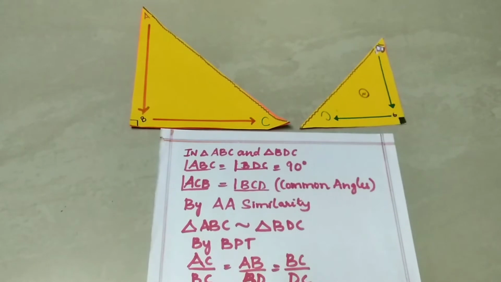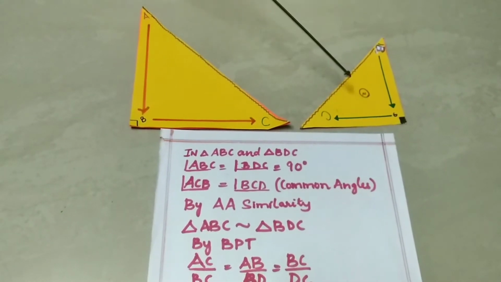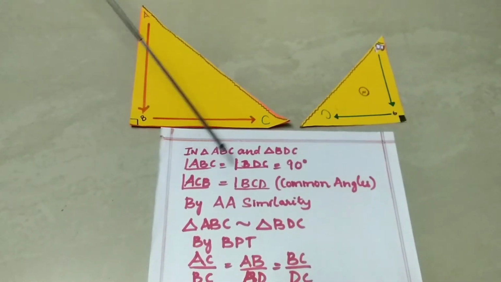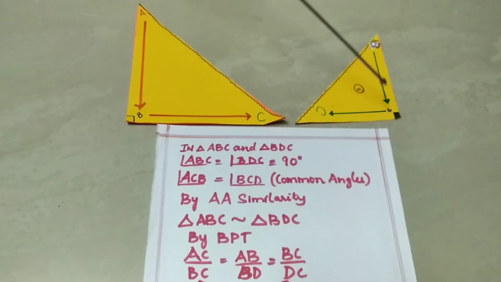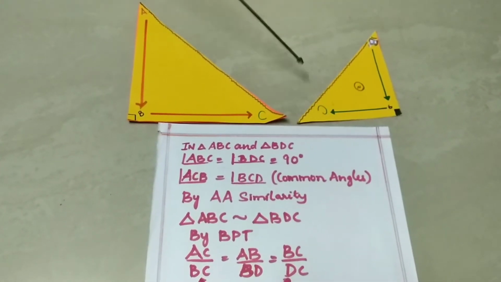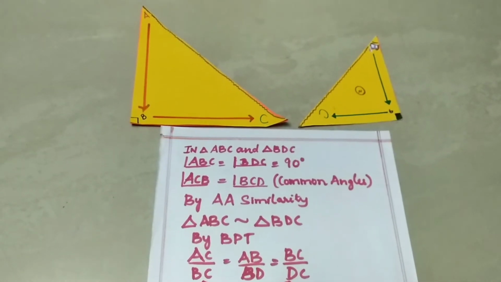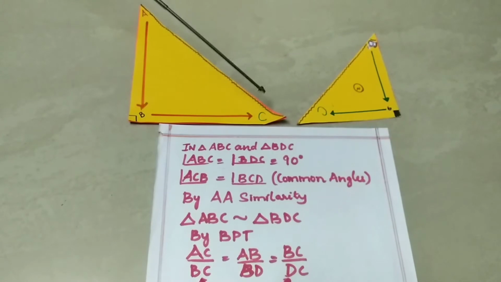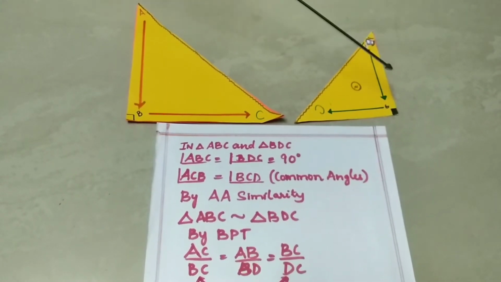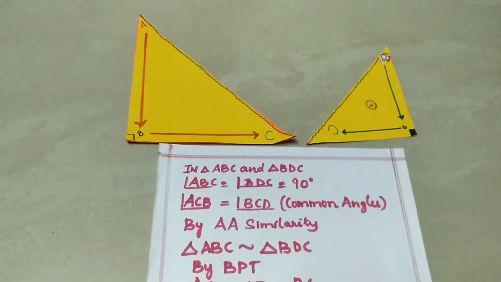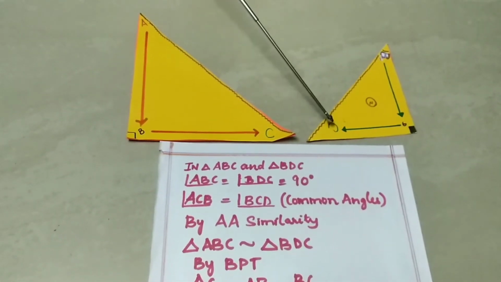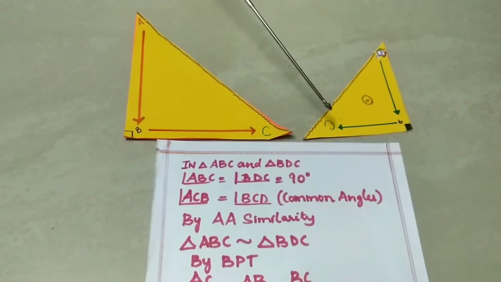In these two triangles, angle ABC is equal to angle BDC is equal to 90 degree. And angle C is common for both the triangles.